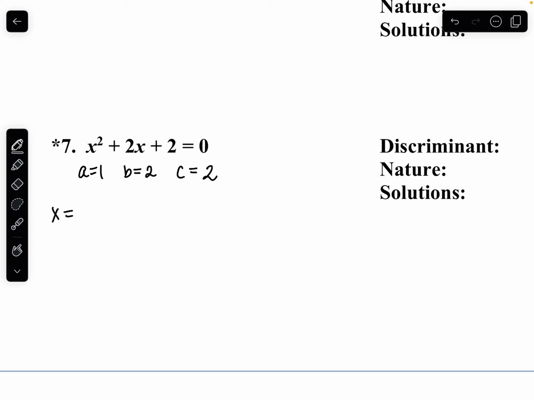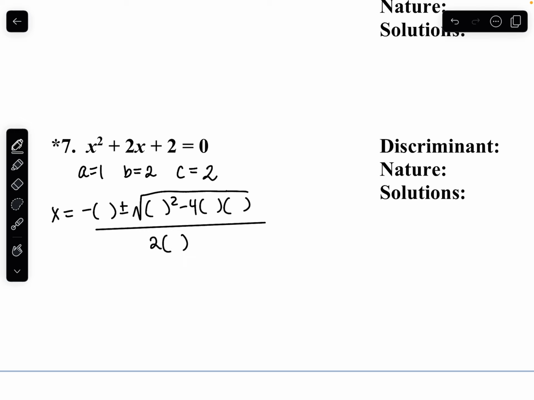And so getting our setup, -b plus or minus the square root of b squared minus 4ac all over 2a. And so our b value goes in the first two blanks. Our a value goes in the next blank, top and bottom. And then our c value goes in the last blank.